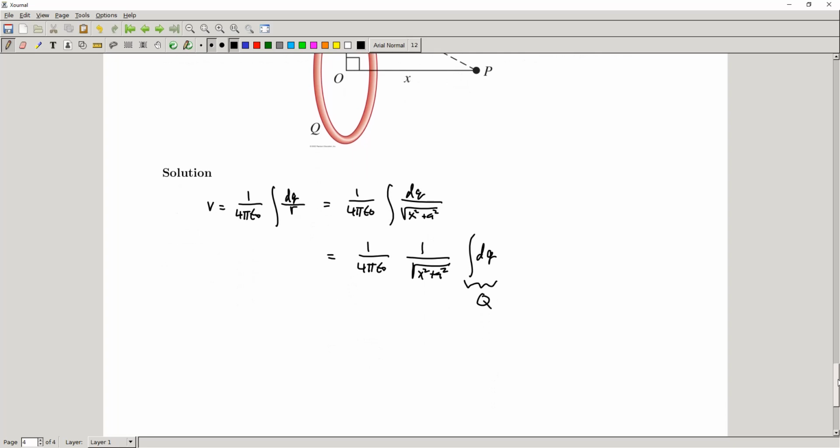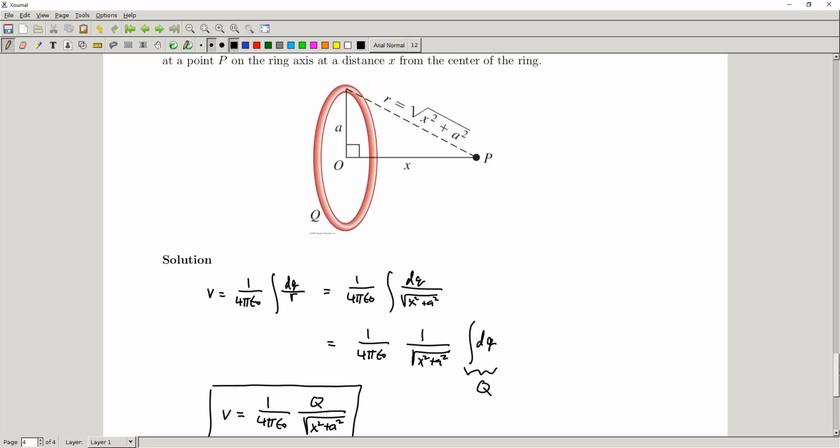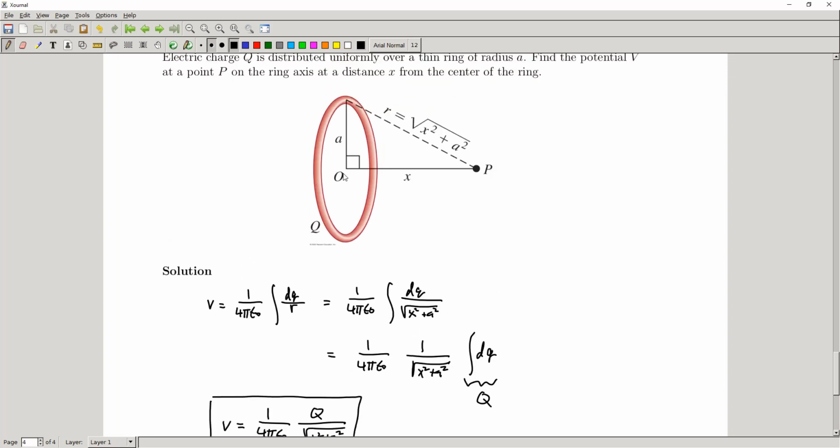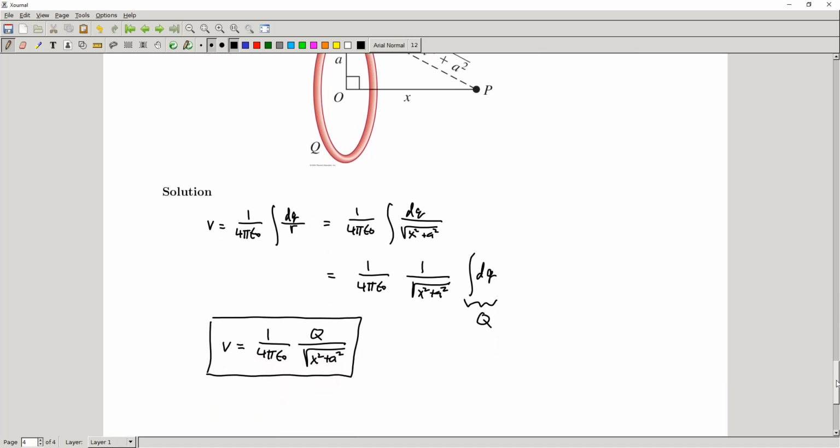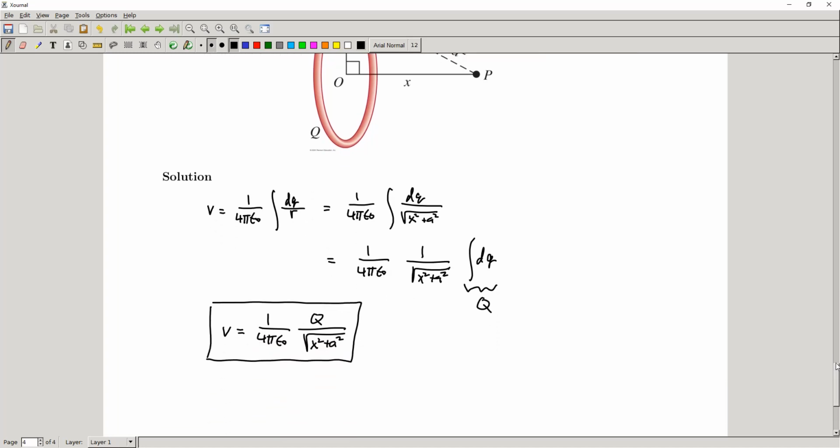And that's basically it. We've basically solved the problem already. We can just write out the solution. It looks like this. And that's our solution for our potential at a point P somewhere along the axis of our ring. So that's the easy way to do this.